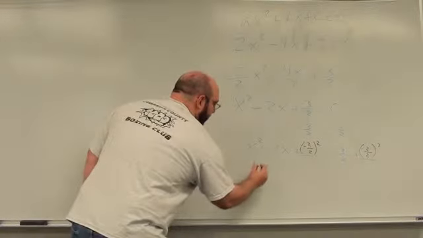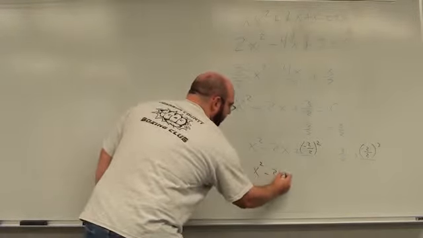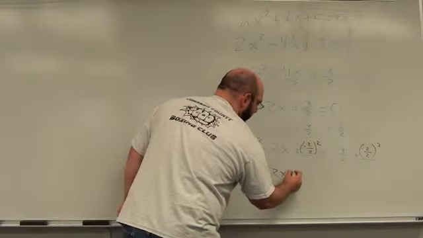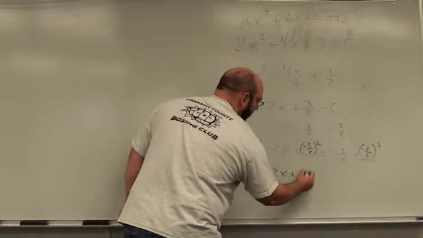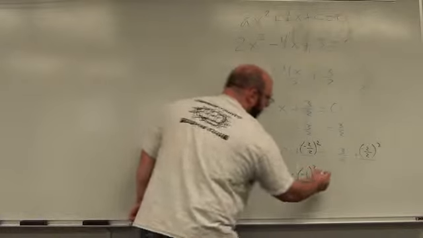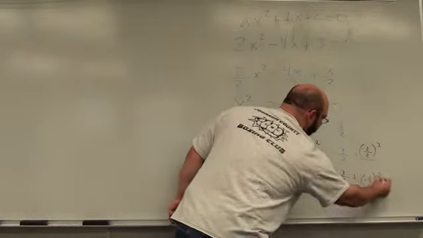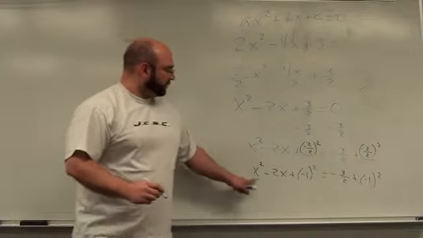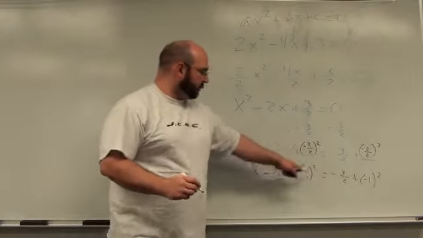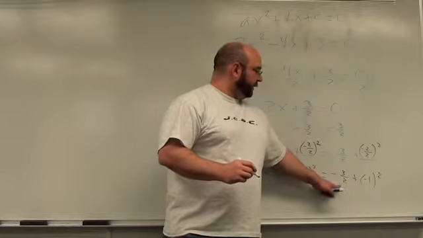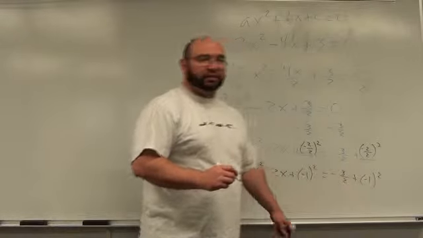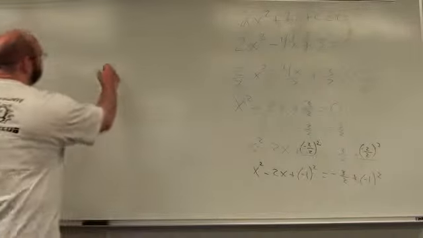This becomes x squared minus 2x plus -1 squared. x squared minus 2x plus -1 squared is equal to -3 halves minus 1 squared.